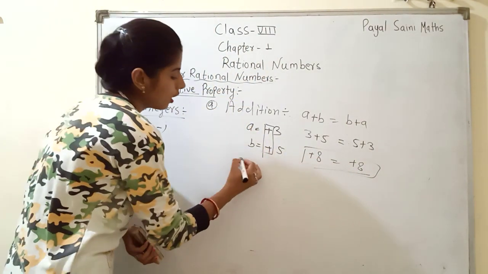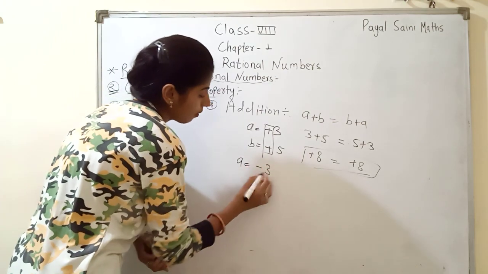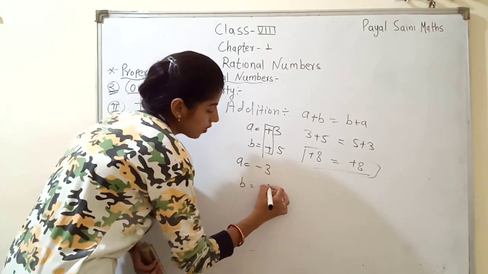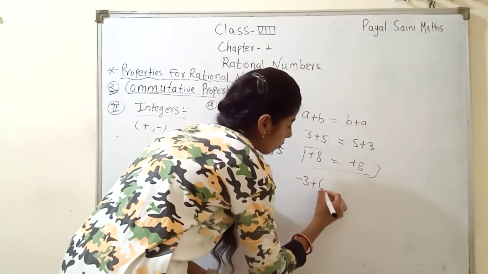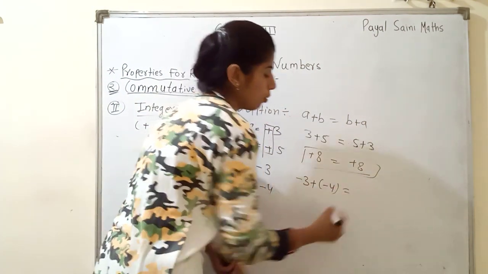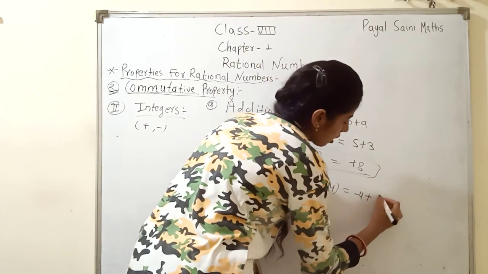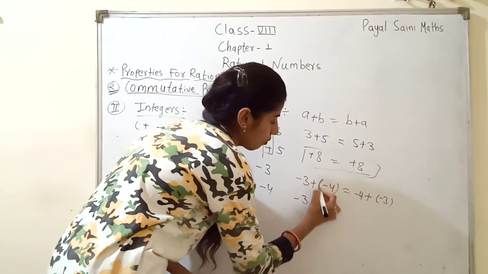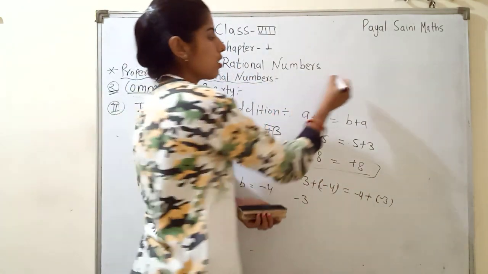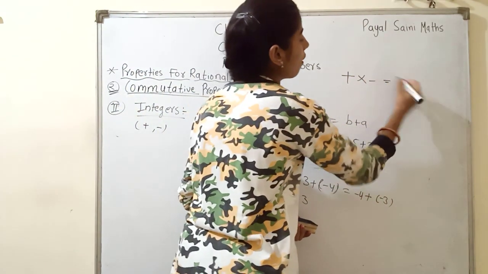Now we check if A value is minus 3 and B value is minus 4. Then minus 3 plus bracket minus 4 equal to minus 4 plus bracket minus 3. We know that bracket means multiplication, and plus into minus is always minus.